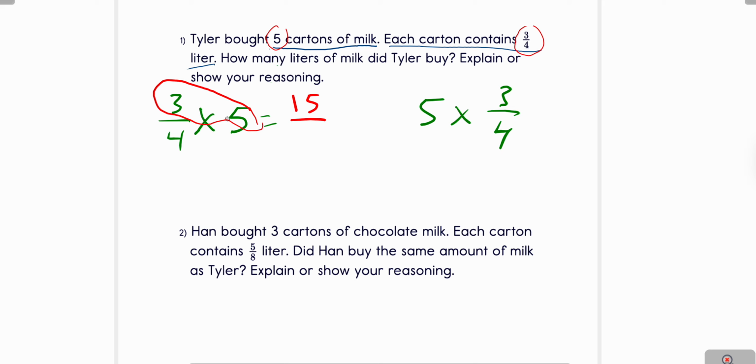So if you know that 5 times 3 is 15, then 5 times 3/4 is 15/4. By the way, there's an invisible one here. So that's the reason why the denominator stays the same. That's another way to look at it. Because we can do 5 times 3 is 15, 1 times 4 still 4. 15/4.